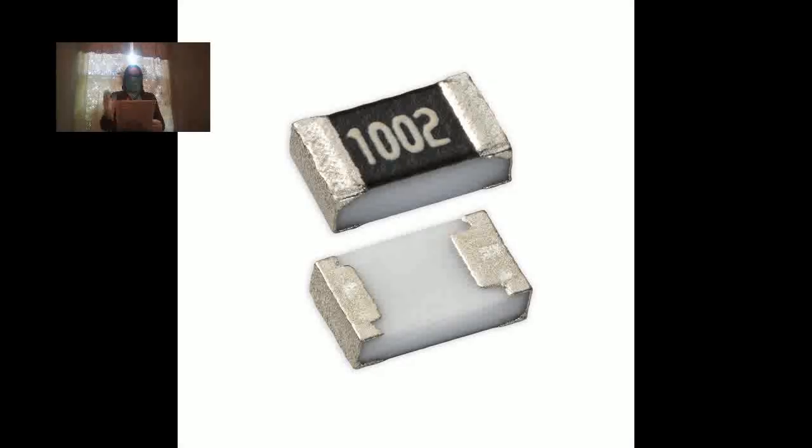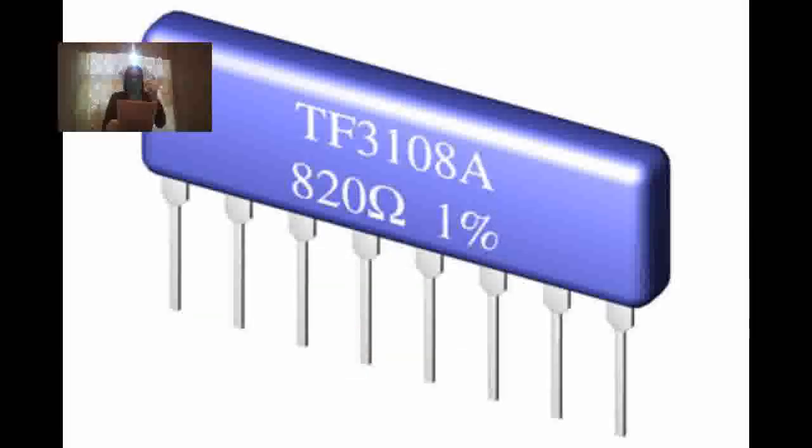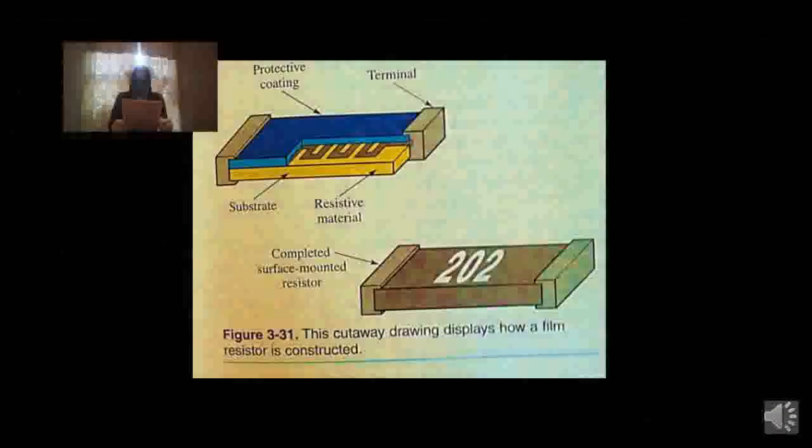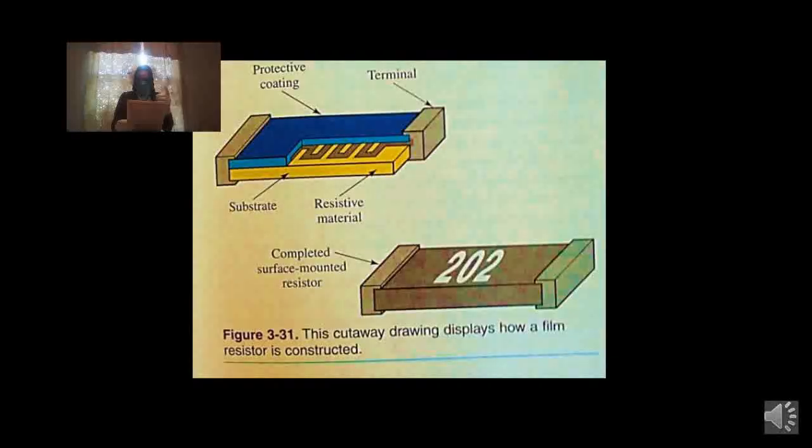Thick film and thin film are two general classifications based on how the film resistor is manufactured. Thin film deposits resistive material on an insulated substrate. The undesired portion is etched away, leaving the desired pattern of resistive material. See figure 3-31. Thick film deposits a special resistive paste directly on the insulated substrate by using a stencil or silk screen process.